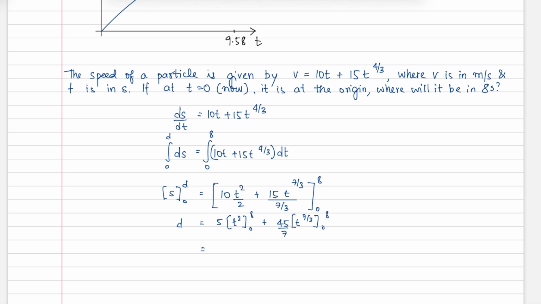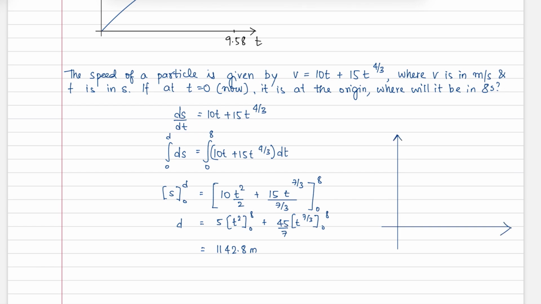And if you were to do this calculation, you will have 1142.8 meters. Essentially, this here will give you 320, and I think this here will give you 822.8. Okay, so in this class, we will be using calculators quite a bit, so familiarize yourself with all the features.